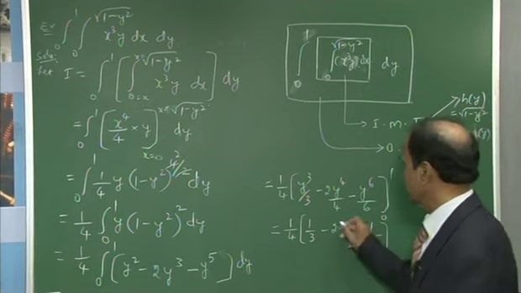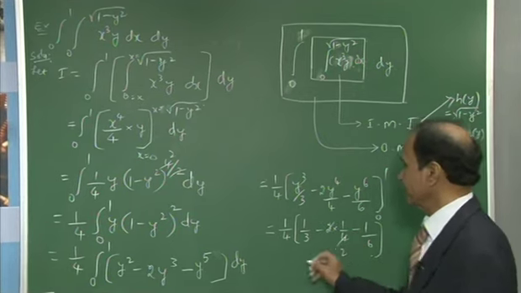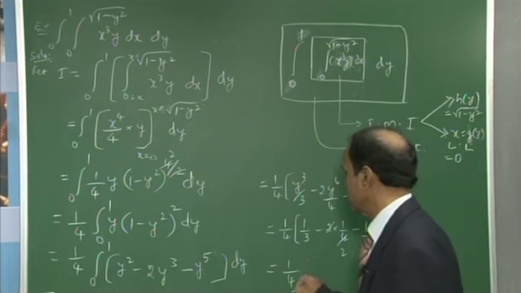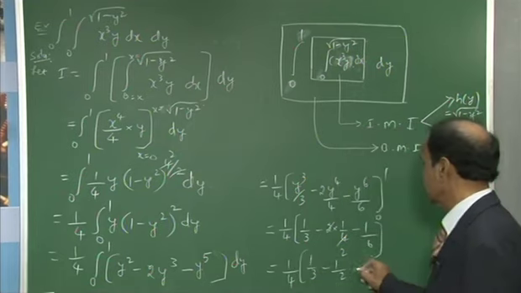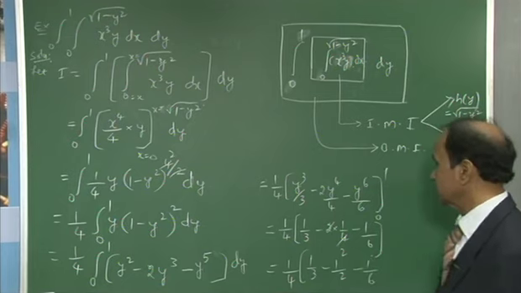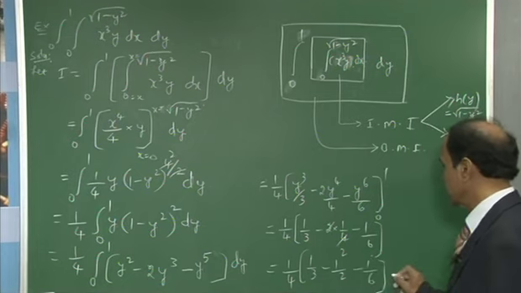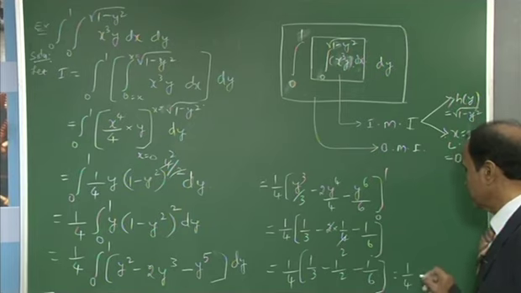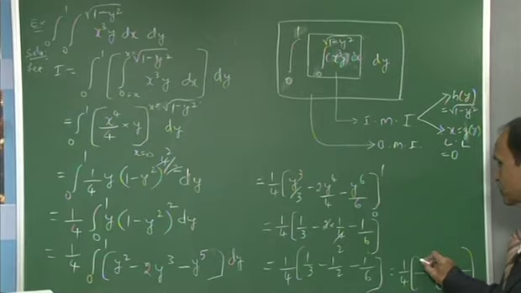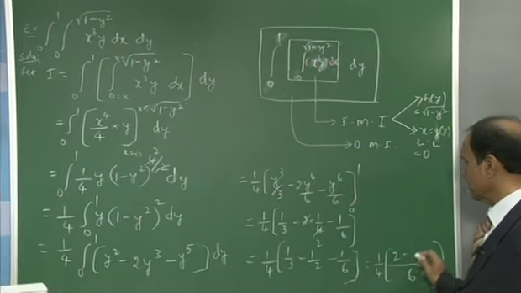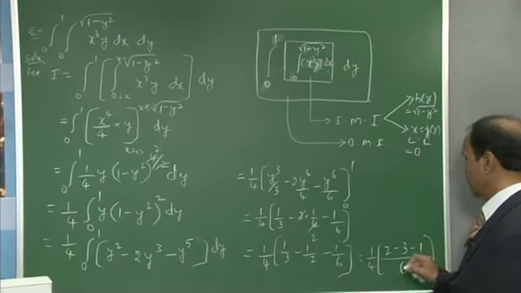Therefore, this will be 1 by 4, 1 by 3, 1 by 2 with minus, and minus 1 by 6. 6 will be the LCM, obviously. 3 2s are 6, minus 2 3s are 6, and minus 1.